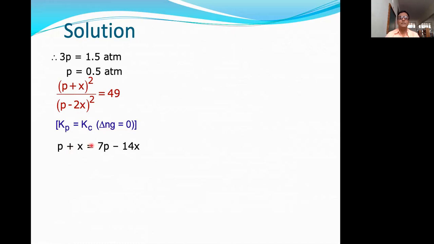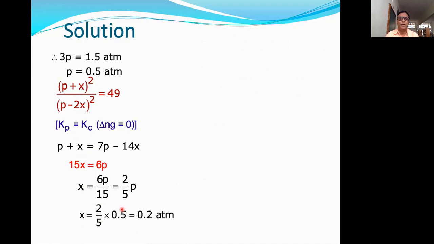So P plus x is equal to 7P minus 14x. That is 15x equal to 6P. So x equal to 6P divided by 15, that is equal to 2 upon 5 P. Therefore, x equal to 2 upon 5 into 0.5, that is equal to 0.2 atmosphere. Therefore, I2 is equal to P plus x, that is equal to 0.7 atmosphere. Is it clear? Now we'll discuss the next example.